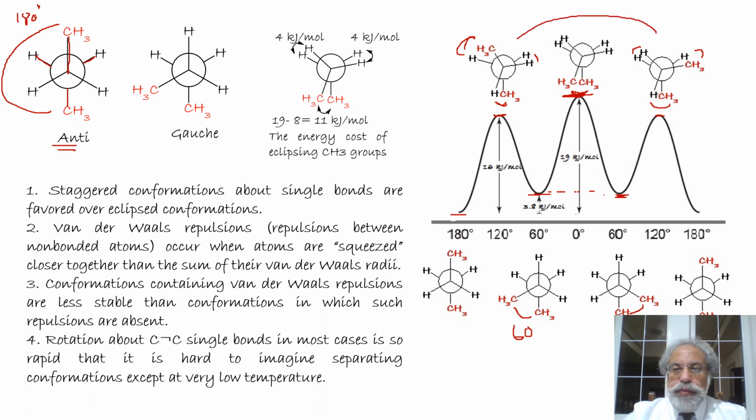This one and this one, they are the same in energy. Okay, so staggered conformation about single bond are favorable over eclipsed conformation. Okay, the staggered is the most stable, right?